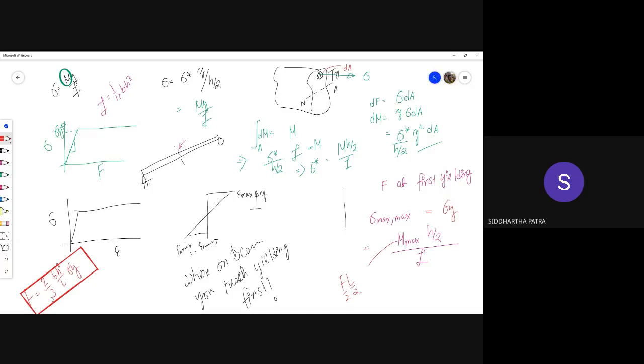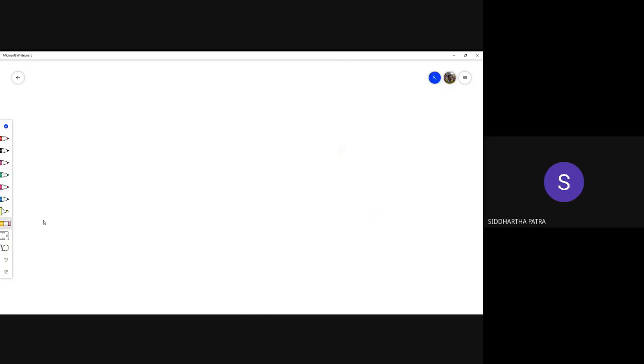So next thing is, I'll erase everything from here. Next thing is, so imagine that cross section where you have the maximum bending moment. What happens to it now? The strain is still going from minus epsilon max to plus epsilon max.